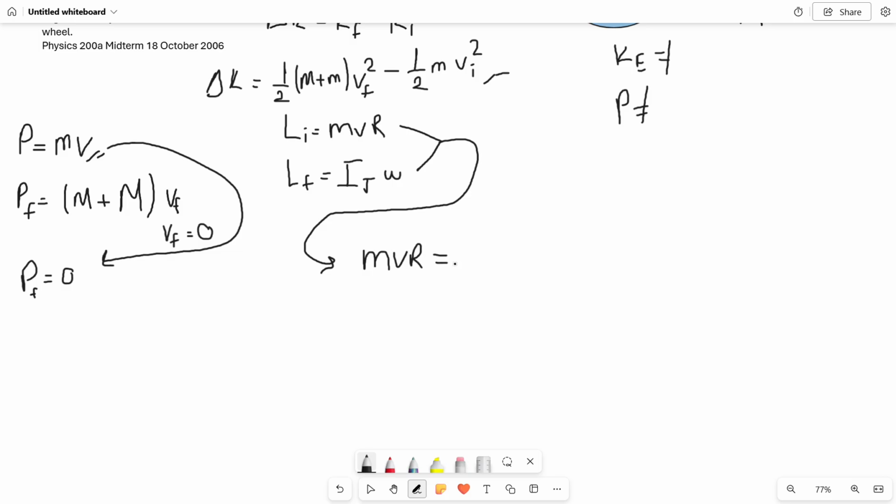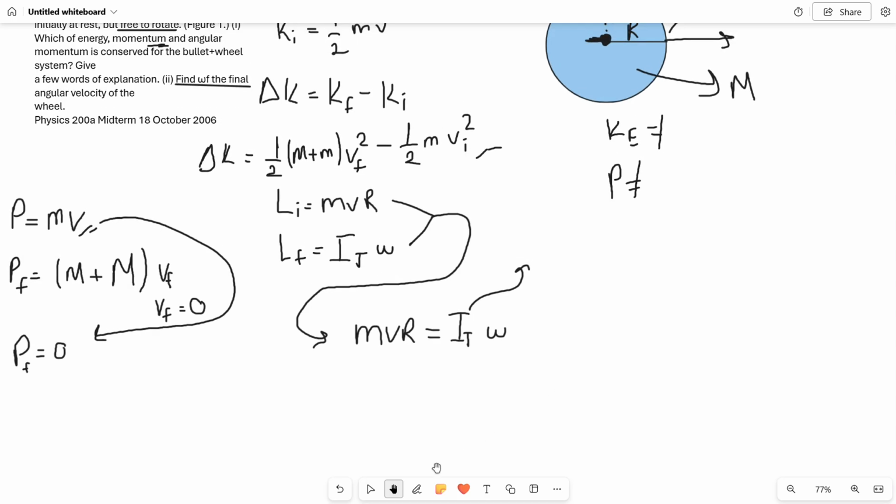m v r equals moment of inertia times omega. What is the moment of inertia? The question needs to give it to us, but it does not.